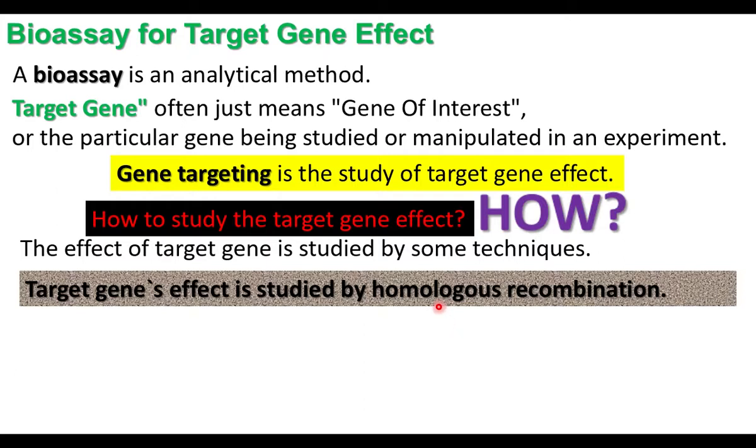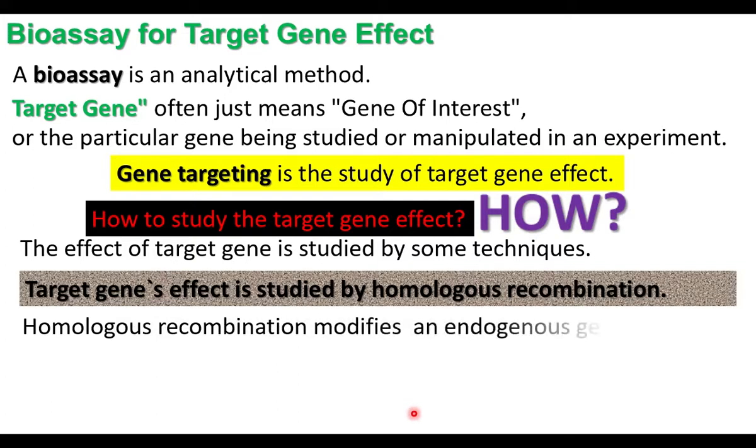Before we understand what is homologous recombination, let us see what type of changes are made by homologous recombination on target gene. The homologous recombination modifies the target gene. Homologous recombination modifies an endogenous gene. Endogenous gene is the gene which is inside the cell.